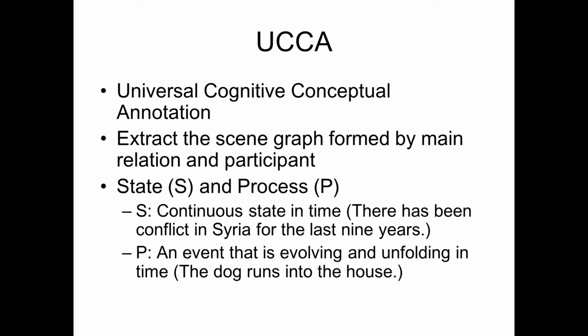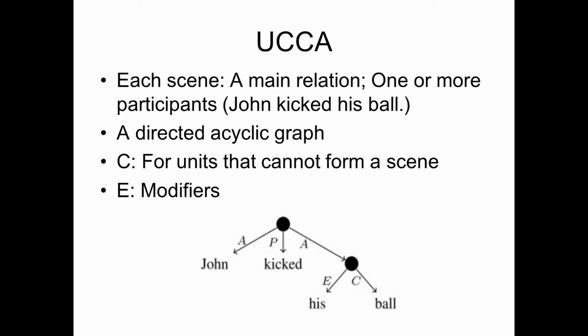A process describes an event that is evolving and unfolding in time, such as the sentence "The dog runs into the house." Each scene contains a main relation and one or more participants, such as "John kicked his ball." In this scene, the participants are John and his ball.